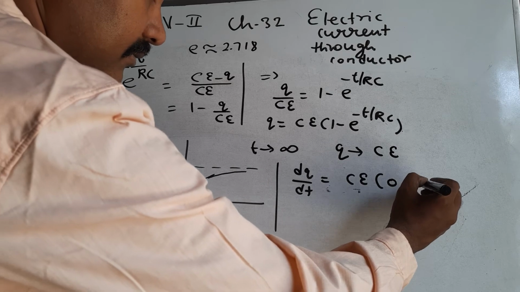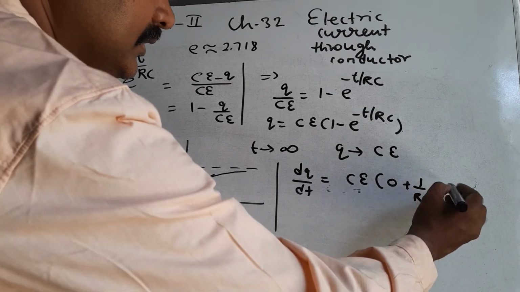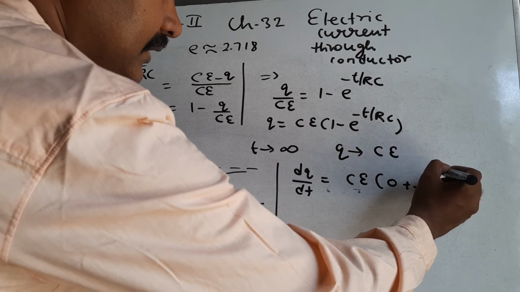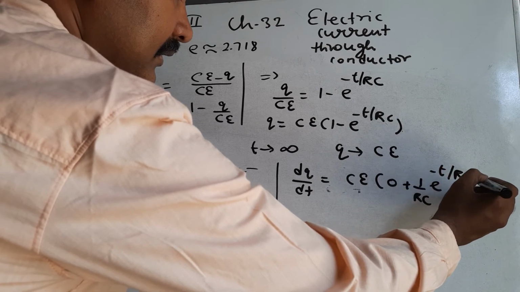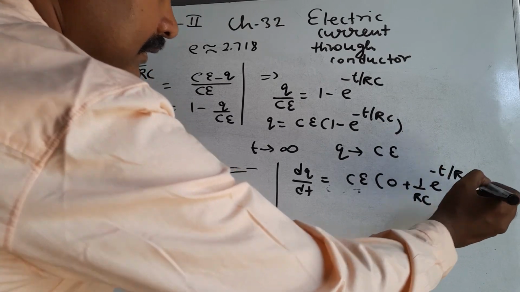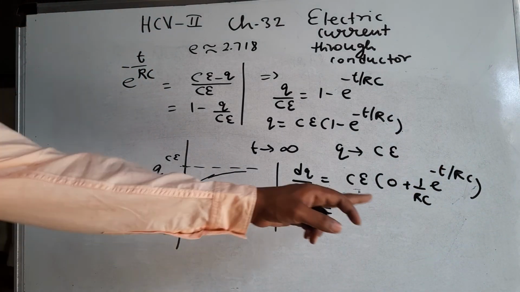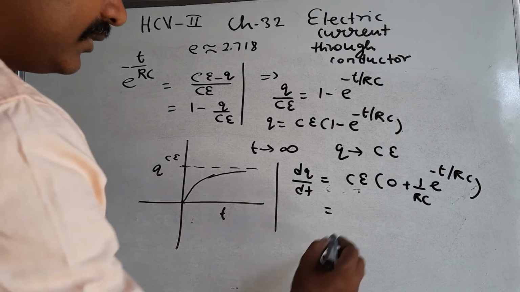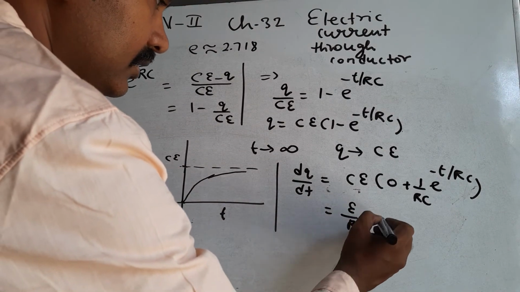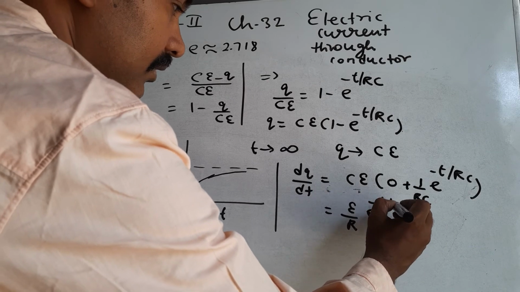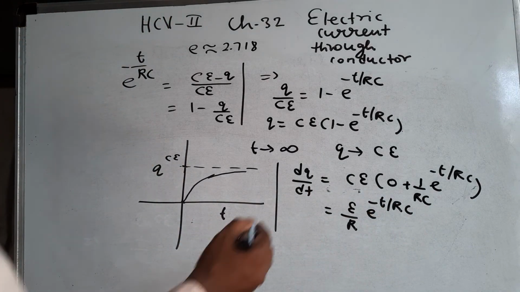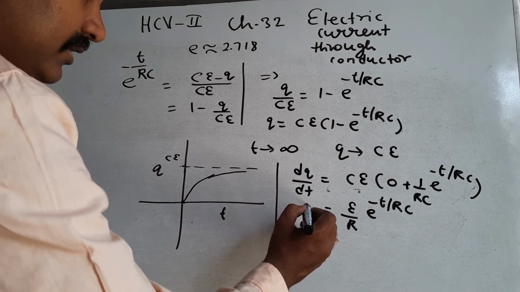So minus minus will become plus. So what we are going to get is C and c cancel, and we get E divided by R, e power minus t upon rc, and dq by dt, as we remember, is a current.